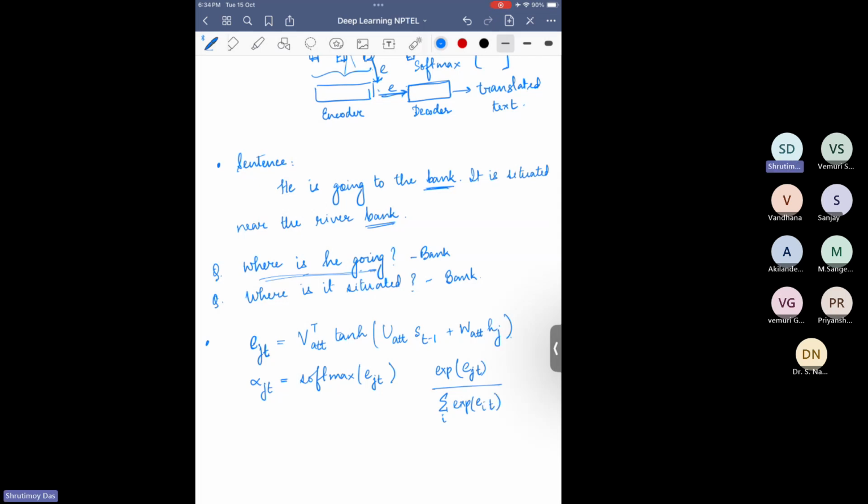So EJT is your current word that you're interested in, and this part is the summation over all the words in your vocabulary.